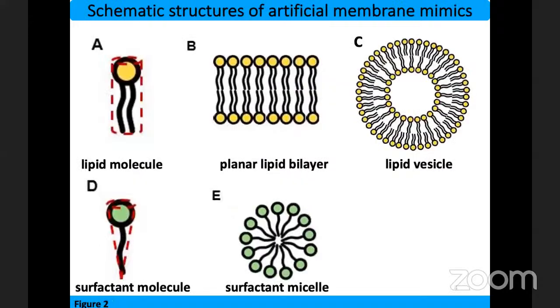But the problem is that detergent has one hydrophobic tail, while the typical membrane has two hydrophobic tails. Therefore, it gives you a cone-like shape that is not a replica of the lipid vesicle.